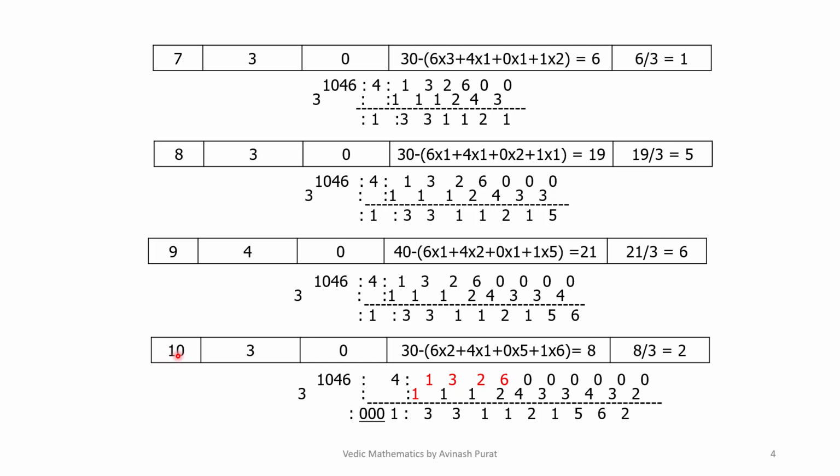And then 10th step, 3 is the remainder. So 0 is dividend digit. So 30 minus 6 into 2 plus 4 into 1 plus 0 into 5 plus 1 into 6 equal to 8. 8 by 3, that is equal to 1. Quotient is 2.